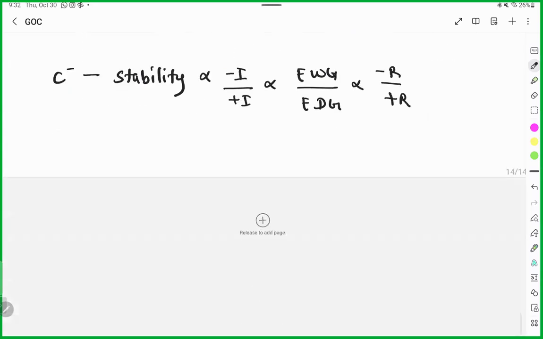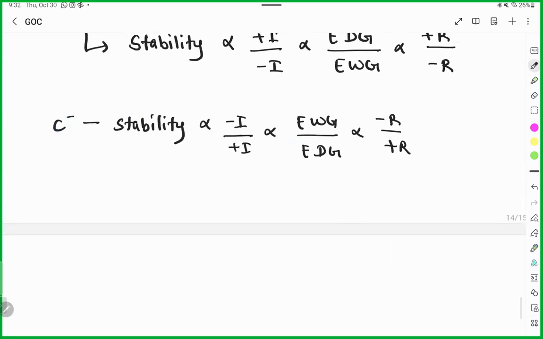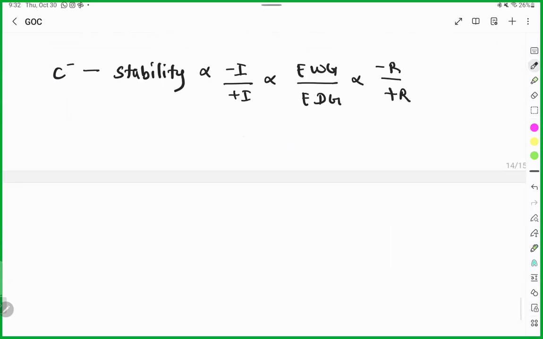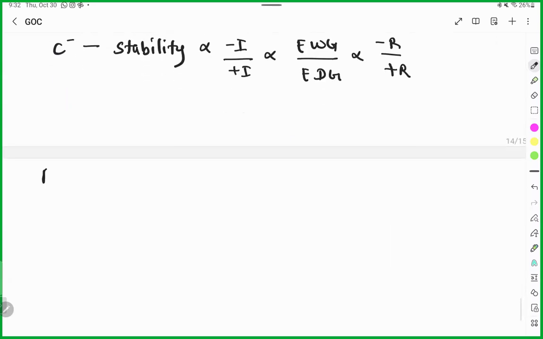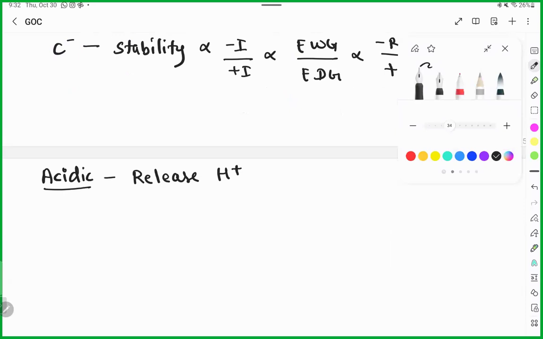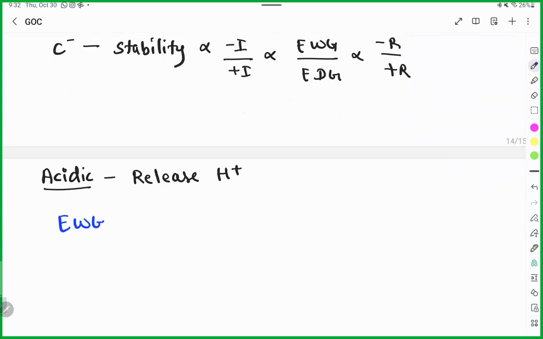Got it? Because we are talking about stability, you can also talk about the acidic character together. How is acidic character affected? Acidic character means how easily we can release H positive ion. In the simplest terms, if you have an electron withdrawing group, it will increase acidic character.